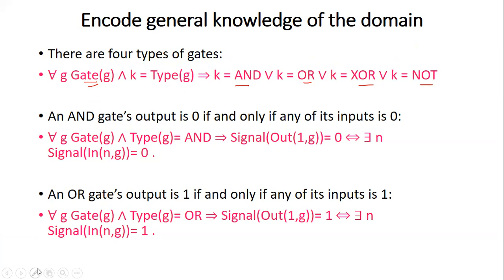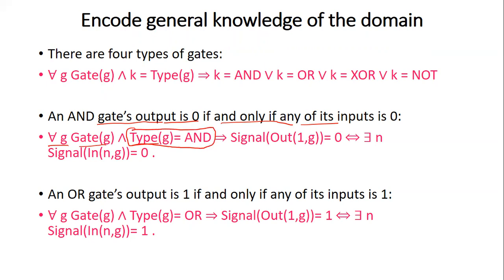Right. And next we are going to represent the details about the AND gate. What is meant by an AND gate? In an AND gate, the output will be 0 if at least one of the inputs is 0. So this is how we can define an AND gate. For all G, gate of G and type of gate. Here type represents what type of gate it is.